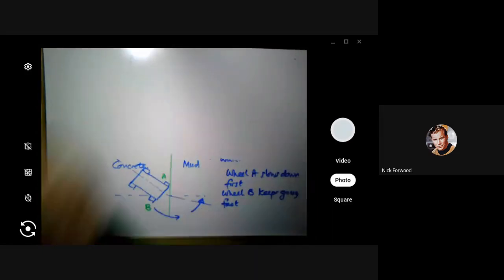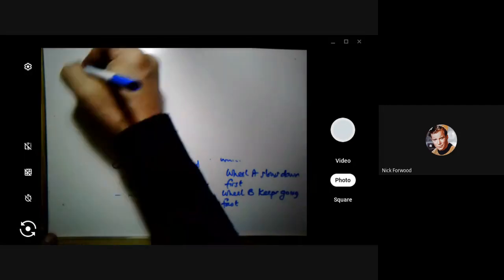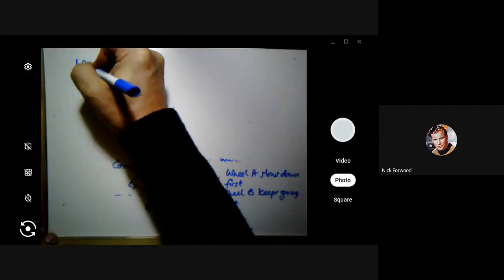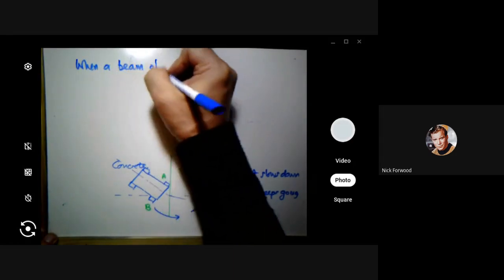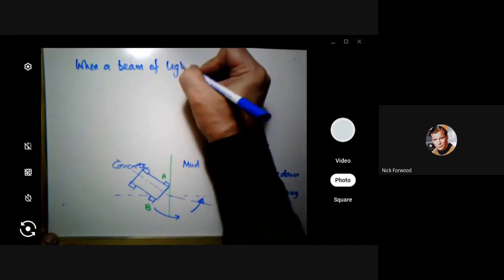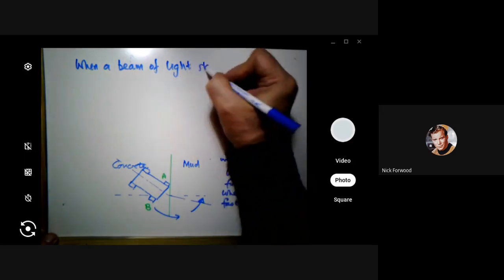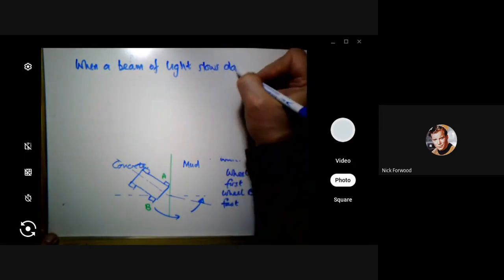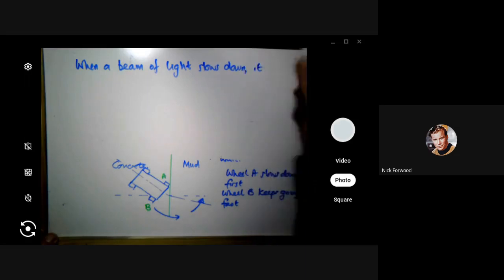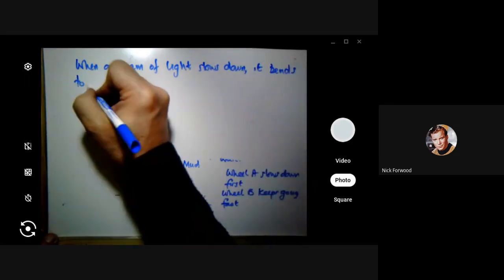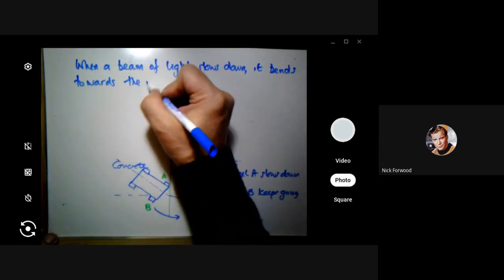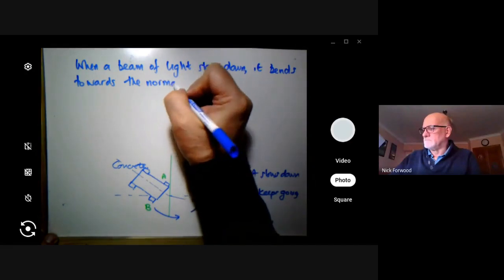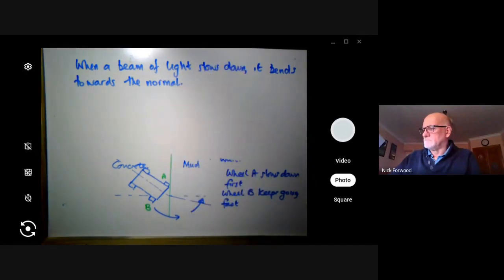It's another important thing I think you need to remember. So when a beam of light slows down, it bends towards the normal.